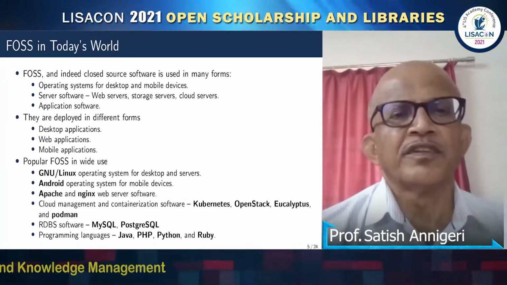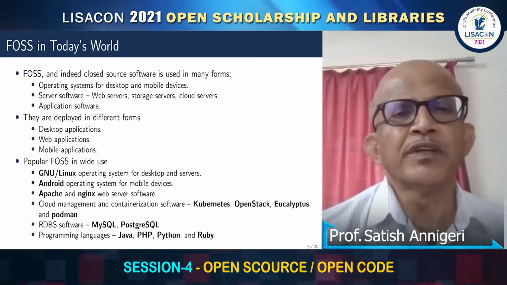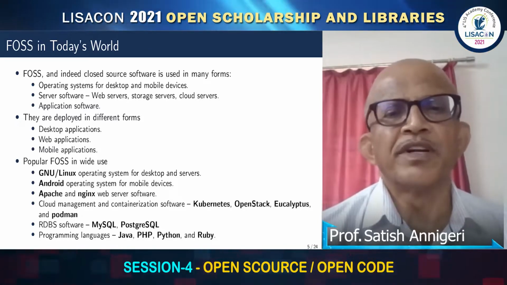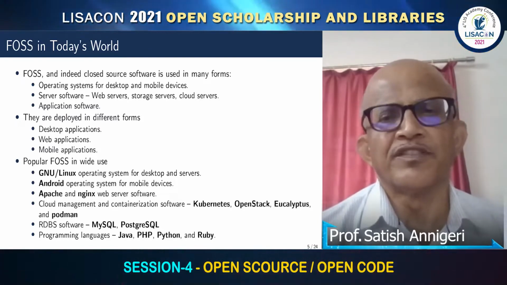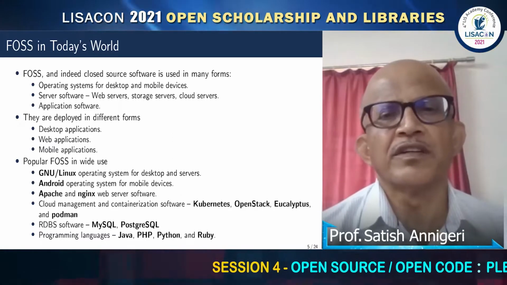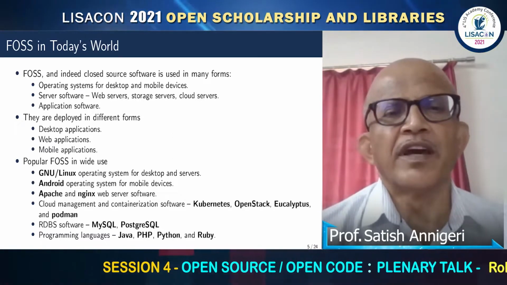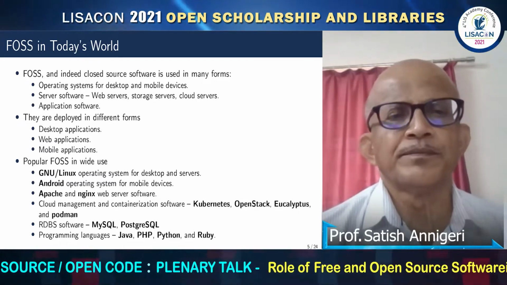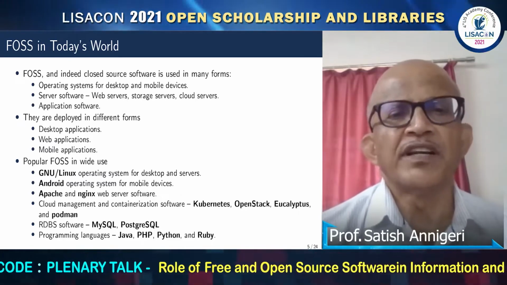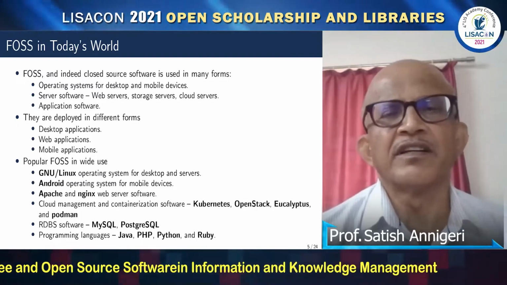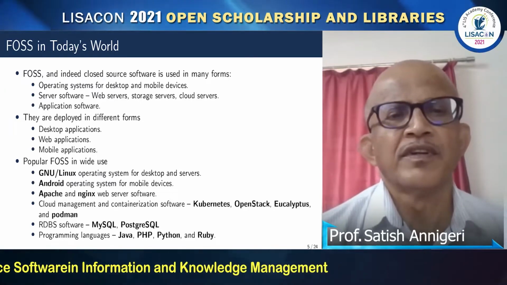Popular FOSS, which are in wide use today, are worth noting. The GNU Linux operating system for desktops and servers is almost the backbone of the internet today. The Android operating system for mobile devices contains the Linux kernel. Apache and Nginx web server software drive the entire internet services.